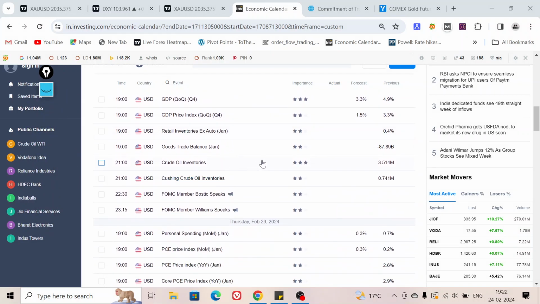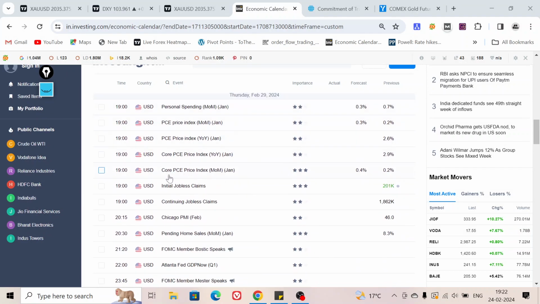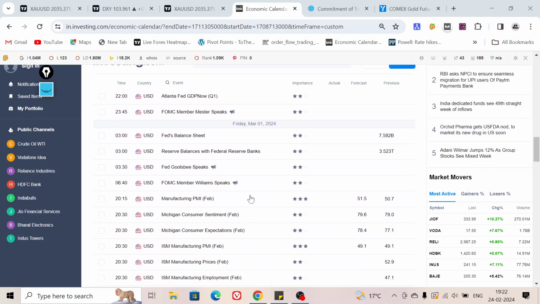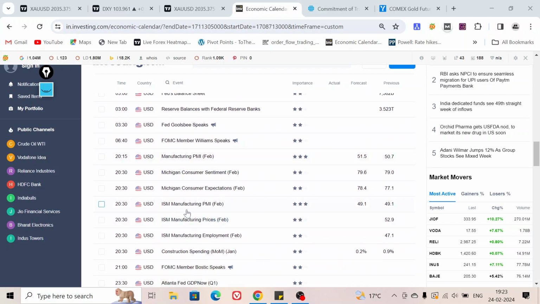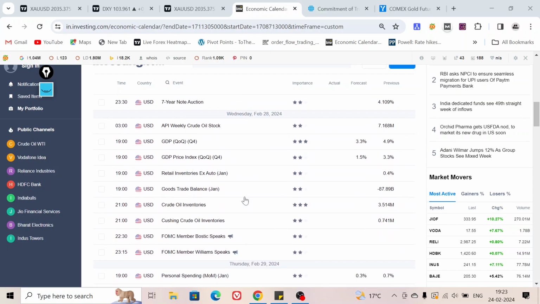Then on Thursday we have the core PCE price index, initial jobless claims, and pending home sales data. On Friday we have manufacturing PMI and ISM manufacturing PMI. So these are the data that we have to watch carefully for next week.